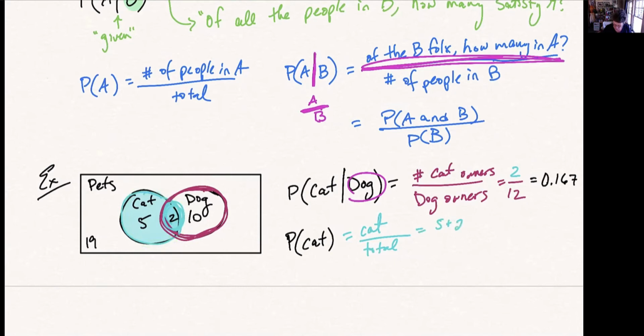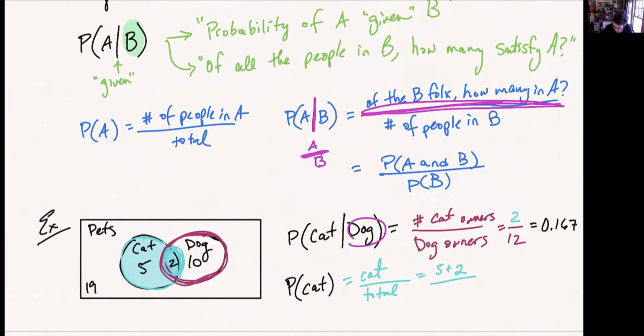I know you can do this math easily. I'm just writing it down to show you where I'm getting these numbers from. And that's out of the total number of people represented, which is 36. So that's 5 plus 2 over 36, so that's 7 over 36, which is 0.194.